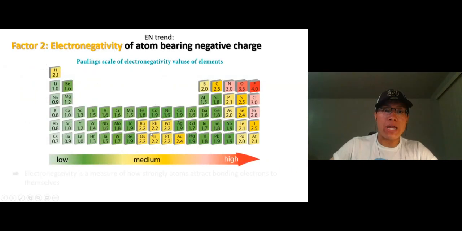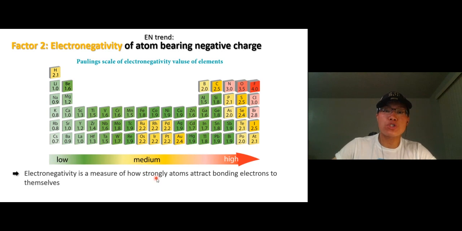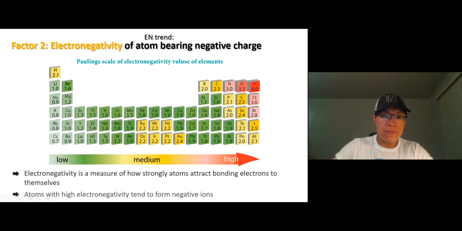Review real quick. Electronegativity is a measure of how strongly atoms attract electrons. An electronegative atom loves to have electrons on it, negative charge on it. So atoms with high electronegativity tend to form negative ions. Fluorine loves negative charge.